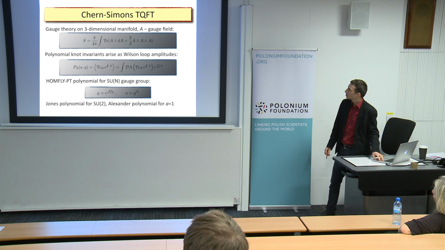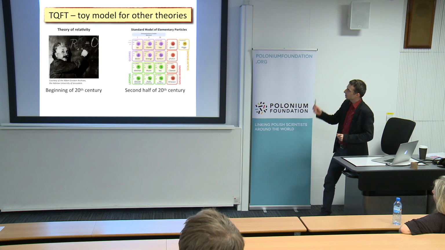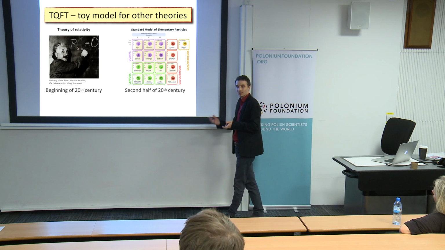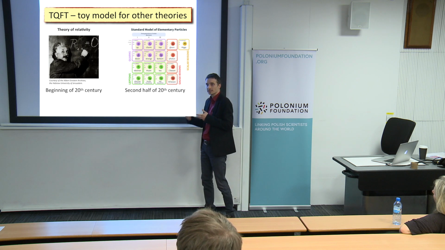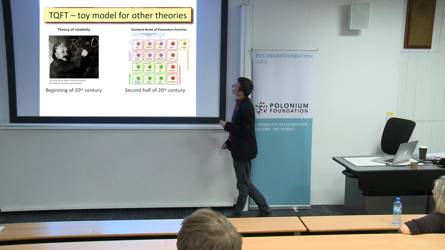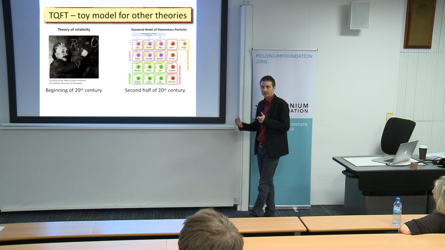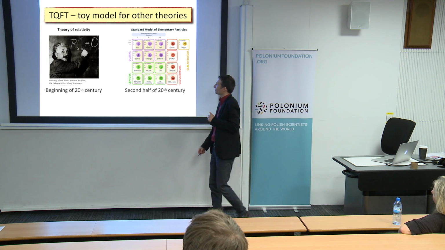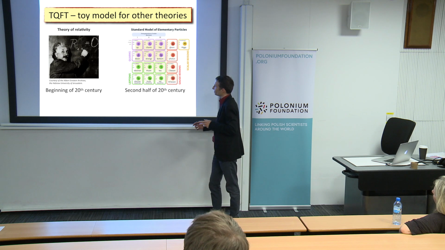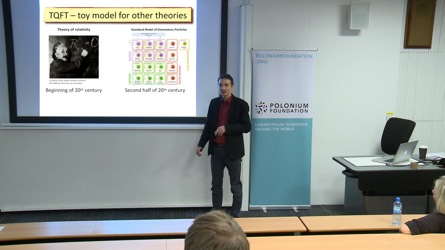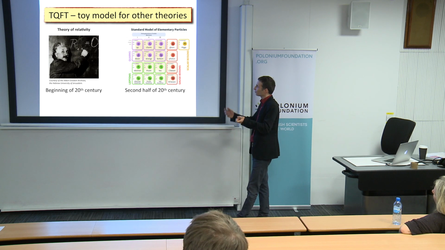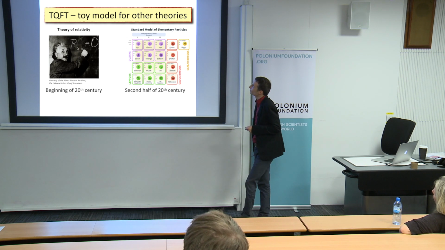Let me also mention that these topological quantum field theories are interesting in themselves. They are interesting for mathematicians, and also for physicists, because you can think of them as toy models for other, more complicated quantum field theories. Currently we know that it seems all forces in nature and all physics can be reduced to two pillars, in fact two kinds of field theories.